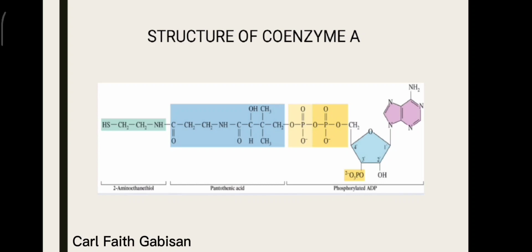These are 2-aminoethanethiol, the pantothenic acid, and these 2 ADP, these 2 little pentagons here on the side, and the phosphate group, which means this part here can be attached to other molecules. And then basically the most important thing here is the HS group, and that's all for coenzyme A.